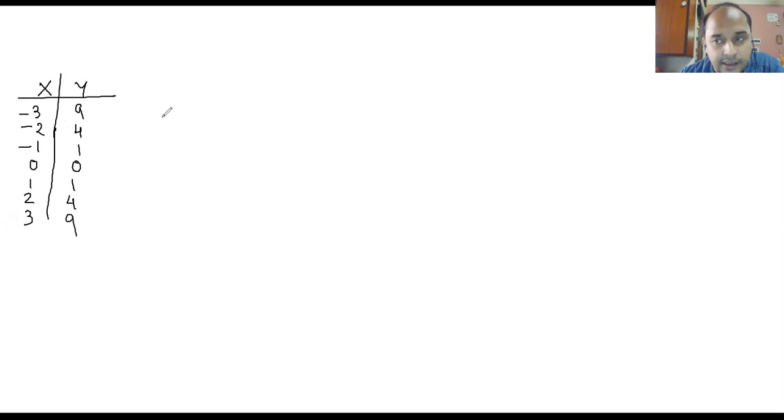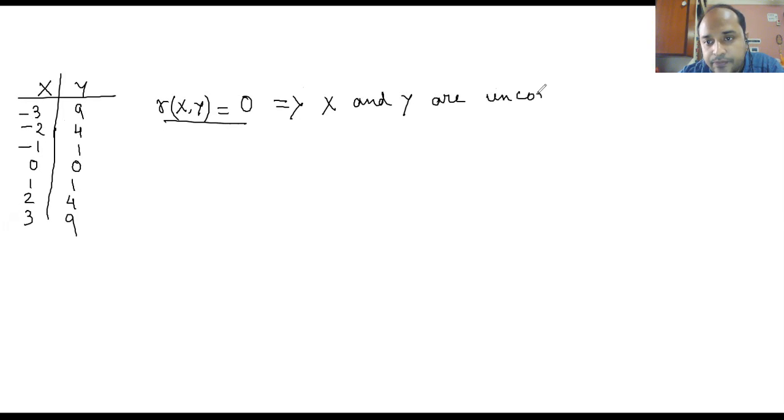And for this particular distribution, we have found that Rxy is actually 0. So this implies that capital X and capital Y are uncorrelated. But the question is, are they really independent of one another?